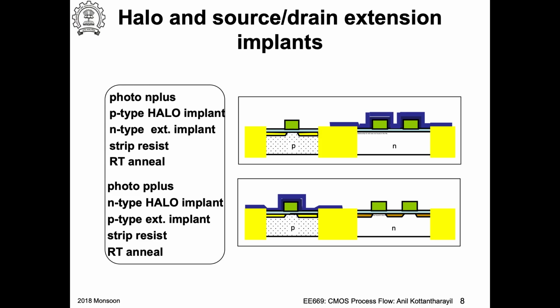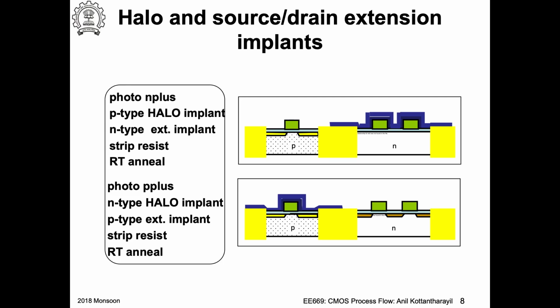And then the next step is you cover the N-channel devices, because you want to do the same type of implants on the P-channel device as well. Then you do this halo implant, which is N-type, to introduce N-type dopants under the gate in the corners, and P-type source drain extension implants. Then you remove the photoresist and do a rapid thermal annealing.